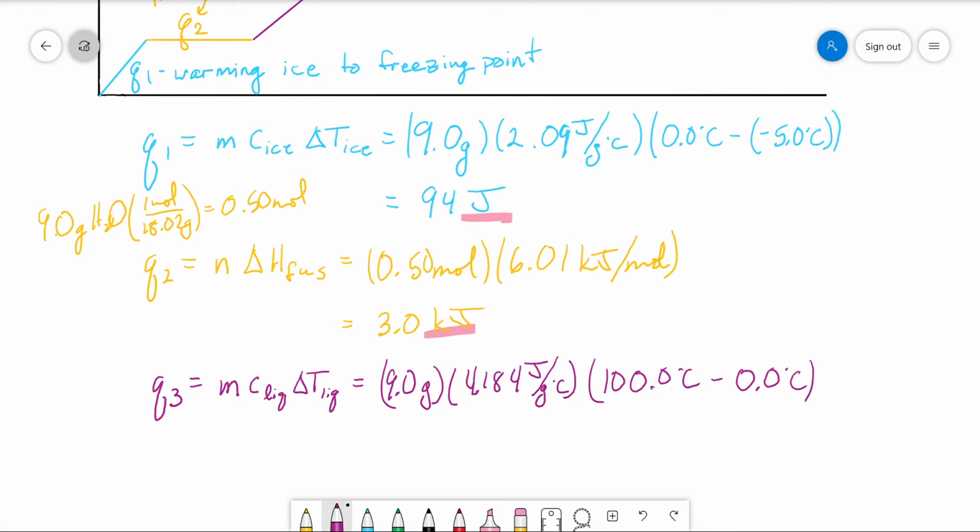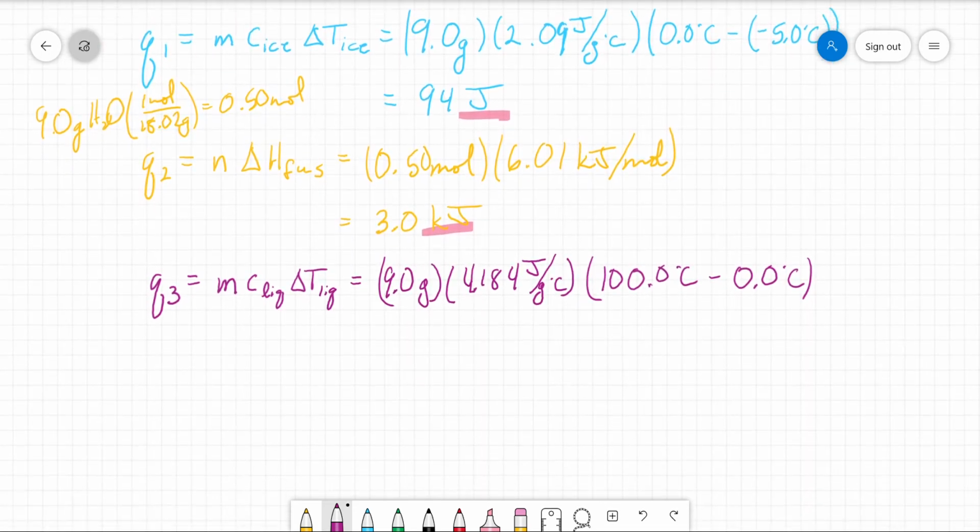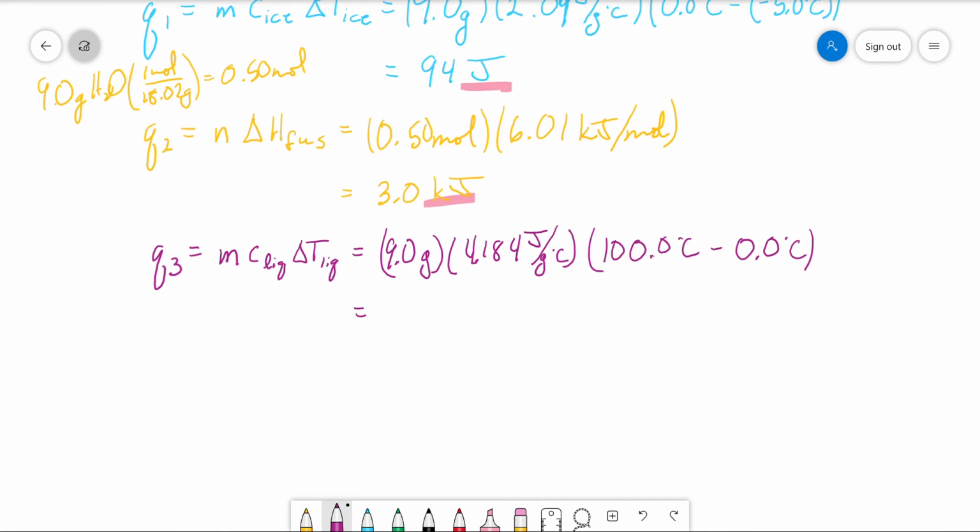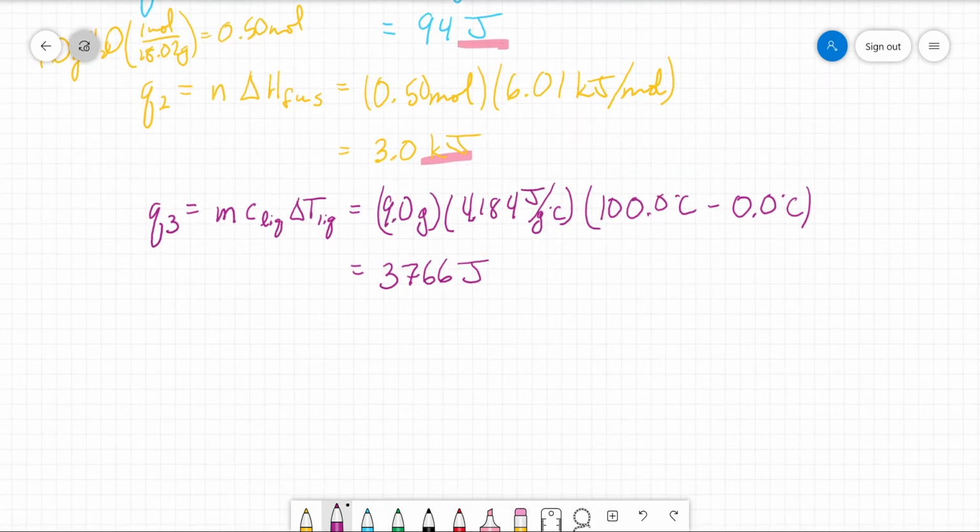It's always final minus initial, remember. It's been a while since we did these problems. That gives us a value of 3766 joules. Again, that's in joules, so we need to remember that.